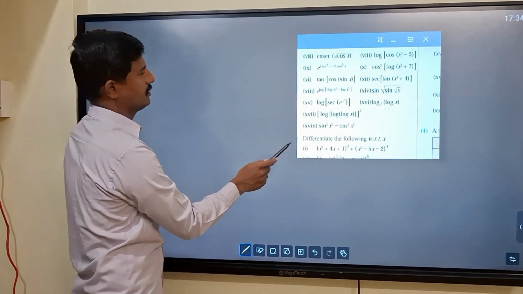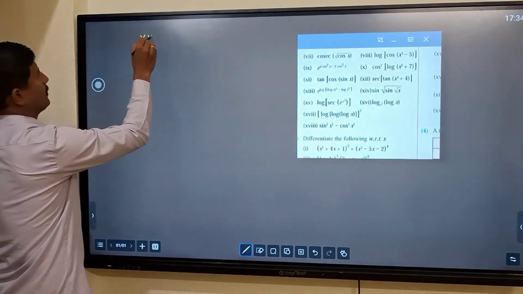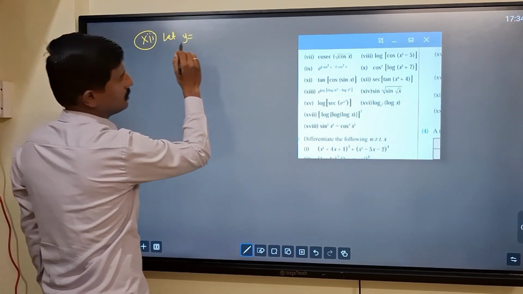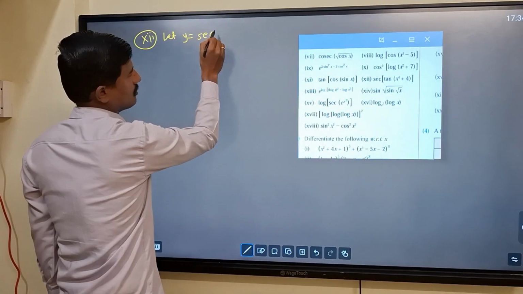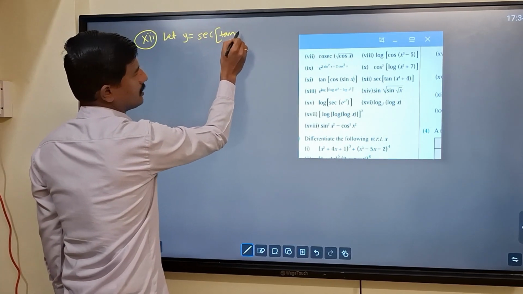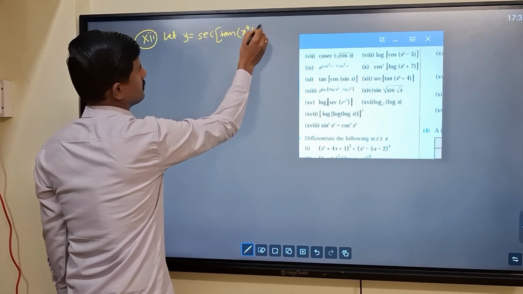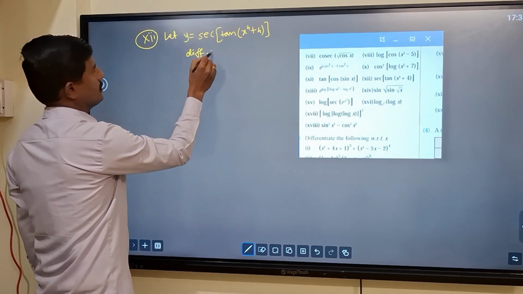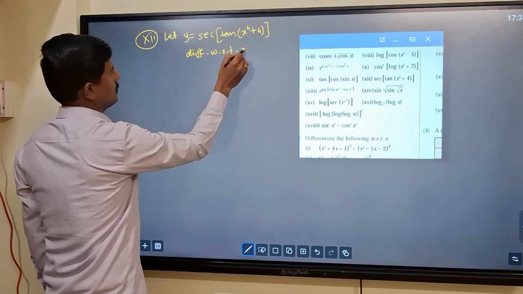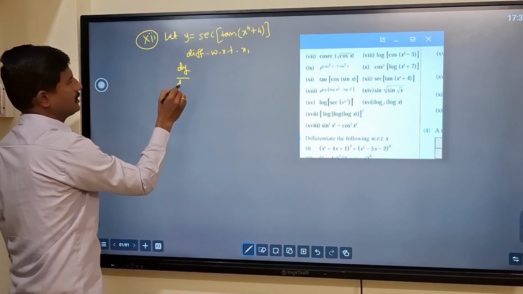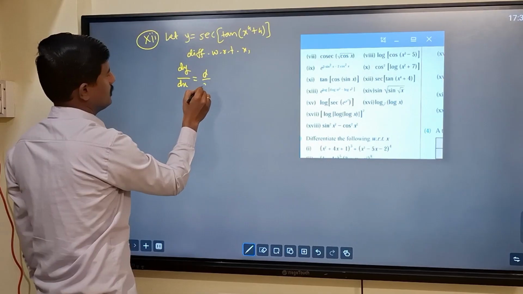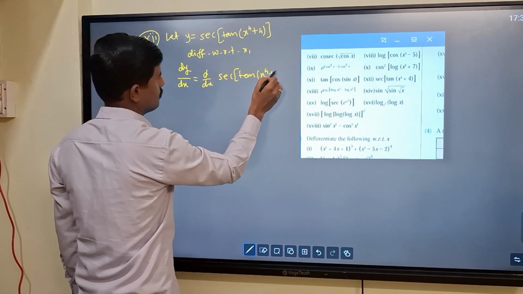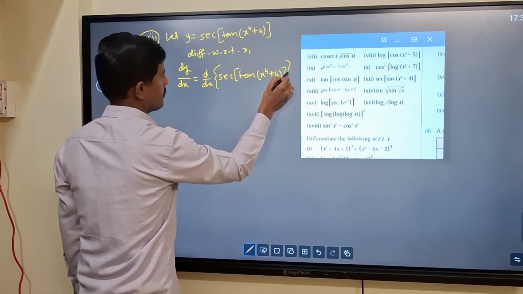Now next for 12. Let y equal to sec of tan of x raised to 4 plus 4. Differentiate with respect to x. This will become dy by dx equal to d/dx of sec of tan of x raised to 4 plus 4.